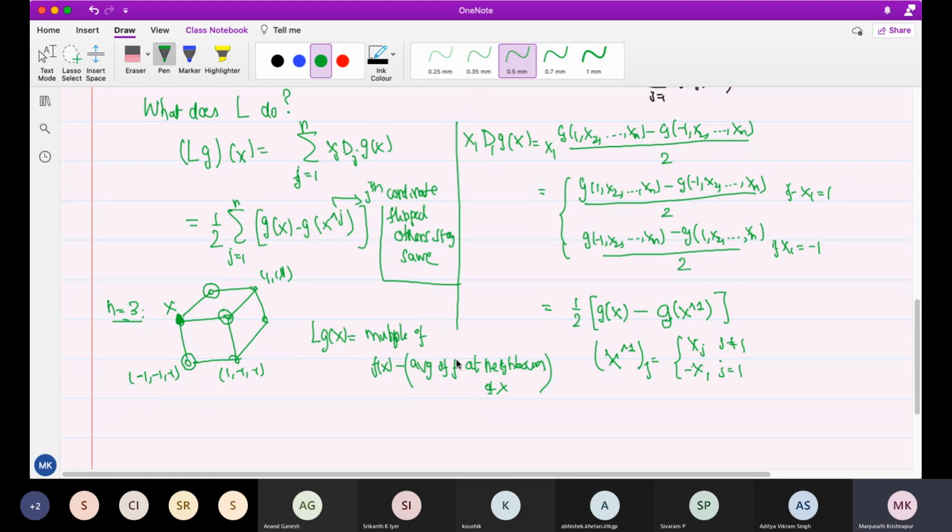I will explain that point slightly more. In general, what are the neighbors? You take the Hamming cube. So these neighbors are in the Hamming cube. For general n, we have this Hamming cube, which is basically Z2 to the n, and x and y are neighbors if they differ in a single coordinate.